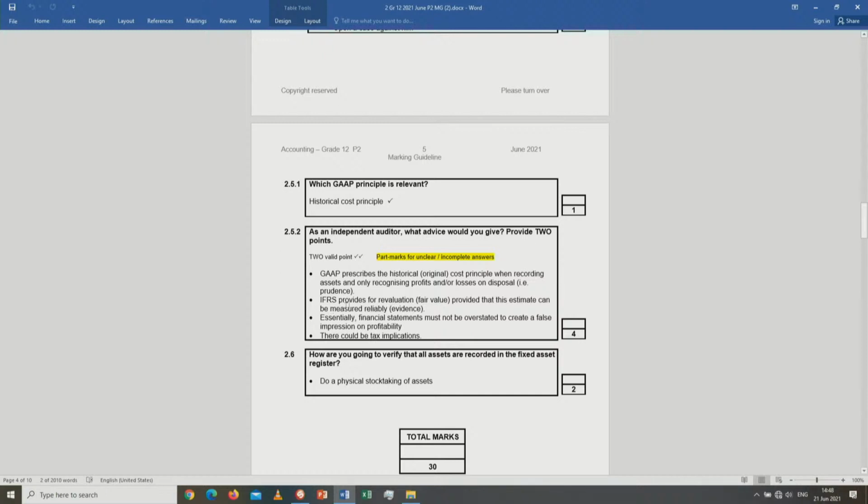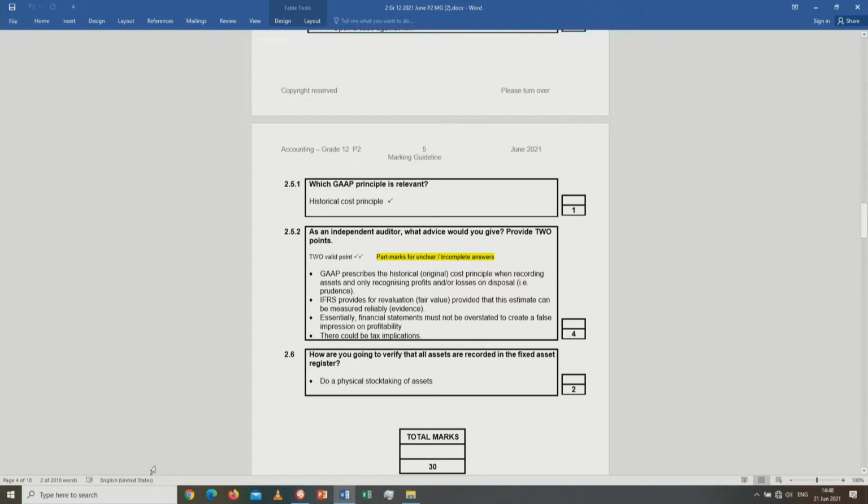IFRS provides for revaluation to fair value provided that this estimate can be measured reliably. Essentially, financial statements must not be overstated to create a false impression of profitability, because if we have to record that 1 million as a profit, it will look like, wow, things are going very well in this business.